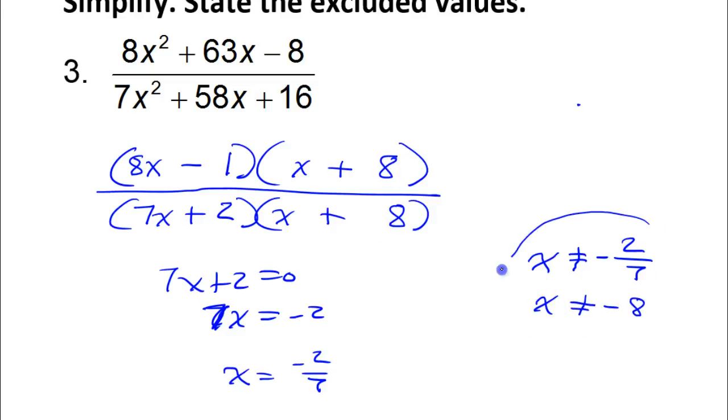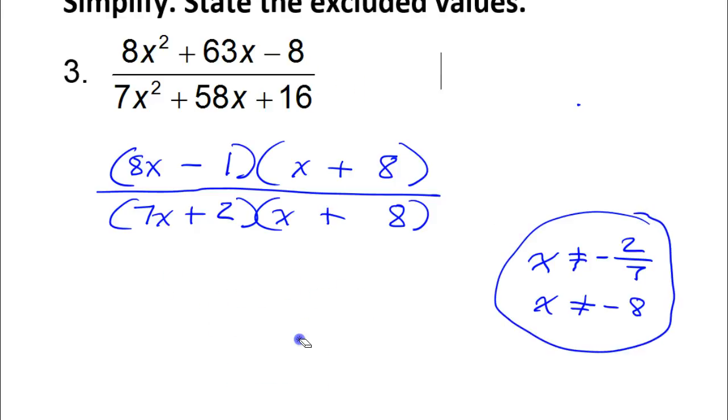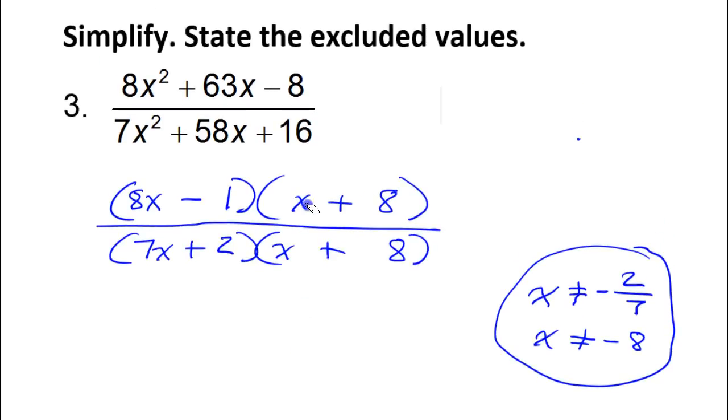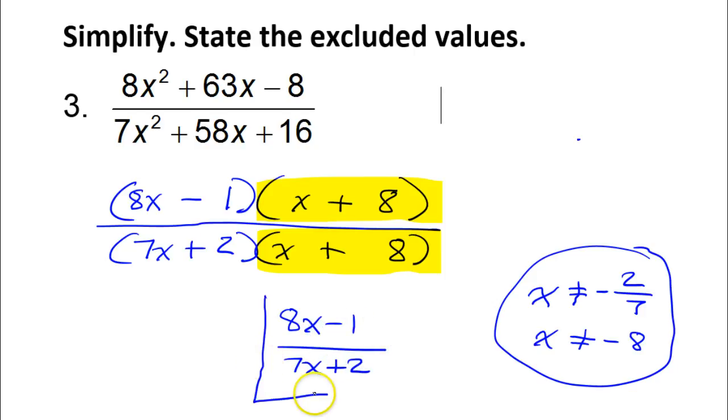So these are the excluded values. All right, so we did that aspect of it. But as far as simplifying, we need to cancel out the factors that are the same. So if we cancel out the x plus 8s, then that leaves 8x minus 1 over 7x plus 2. So this is the answer, and these are my excluded values.